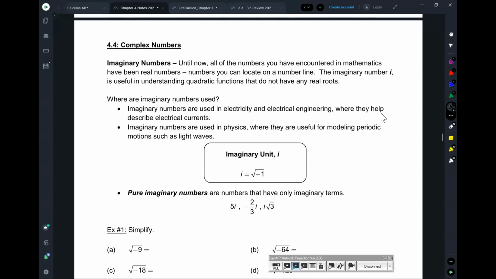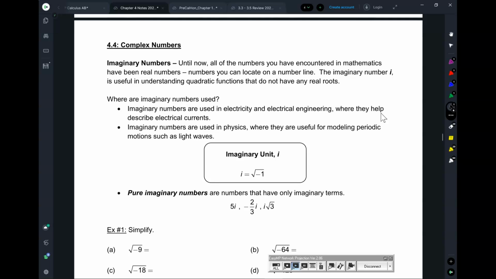It was always real and then rational, integer, and so on, or real and irrational. They were all real. Now, for the first time, we're going to talk about numbers that are not real, and we call those numbers imaginary numbers, okay?